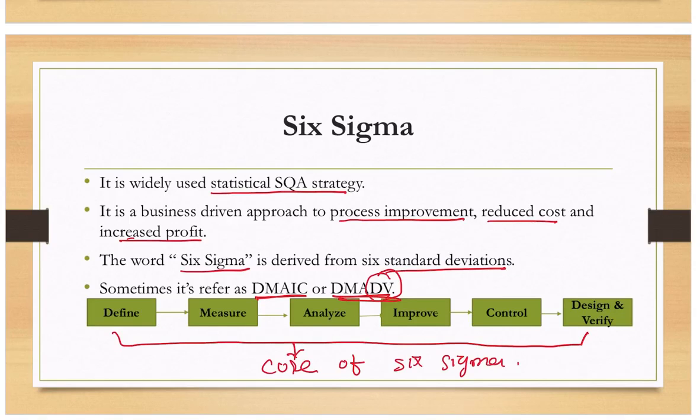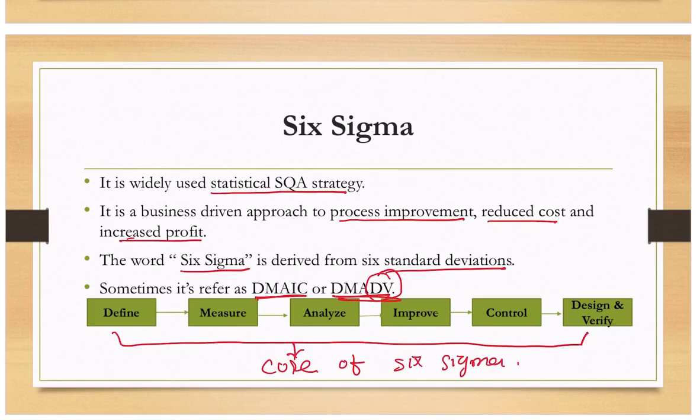The existing process and its output are measured in order to determine current quality performance. Now, third one is analyze. In this phase, defect metrics are analyzed in order to determine the few causes.